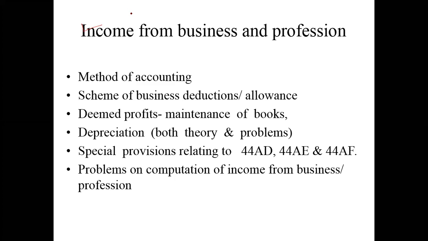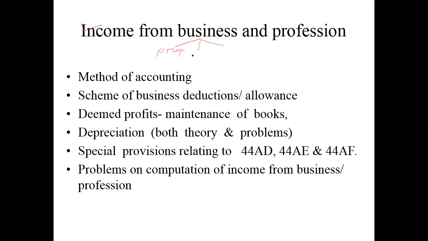The reason being, here whenever we are talking about business, please understand one thing. Whenever we are talking about business, we are talking about three things. One is a sole proprietor.